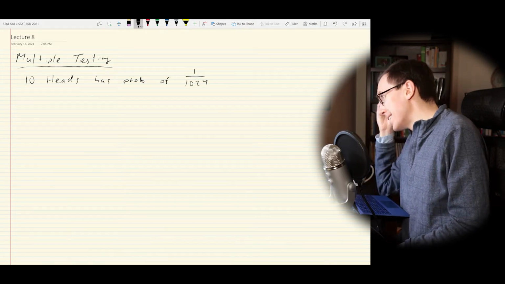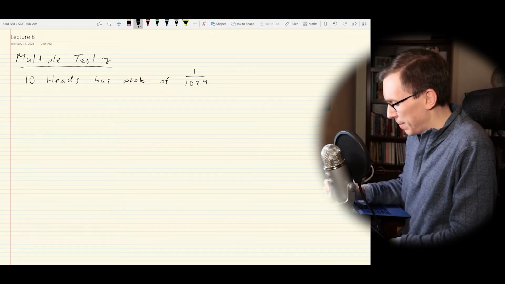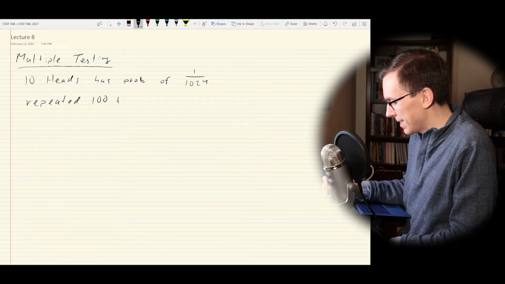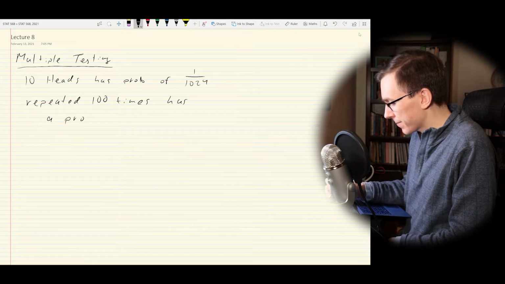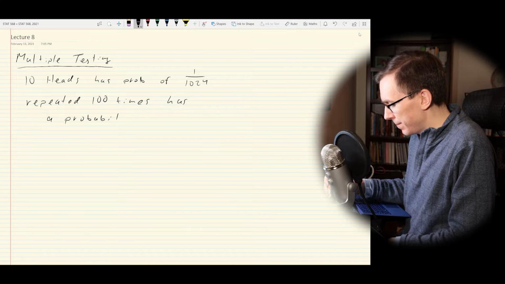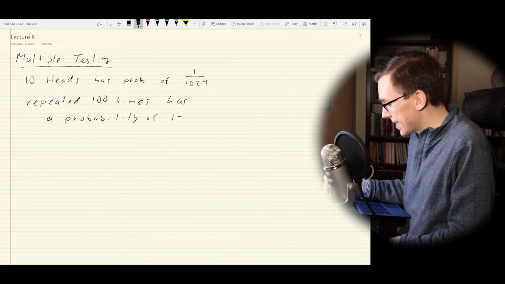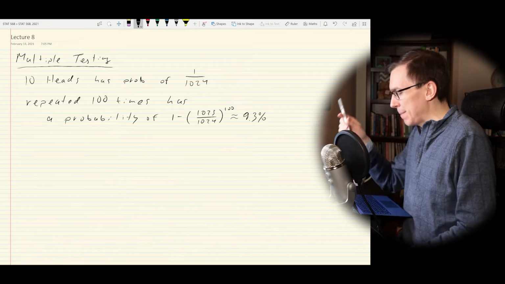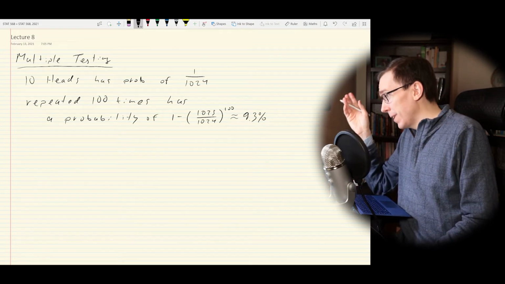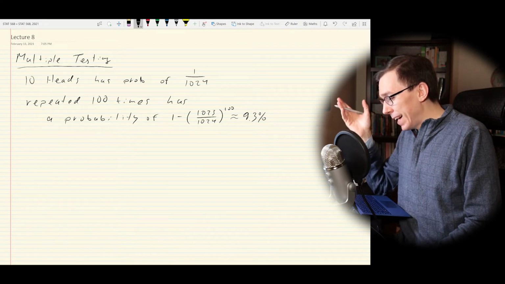Okay, but repeated 100 times has a probability of 1 minus 1023 divided by 1024 to the 100th power, which is approximately 9.3%, as I mentioned in the introduction here.